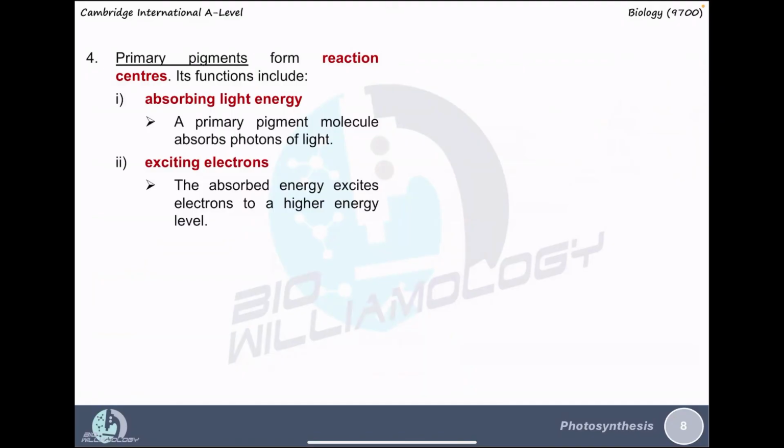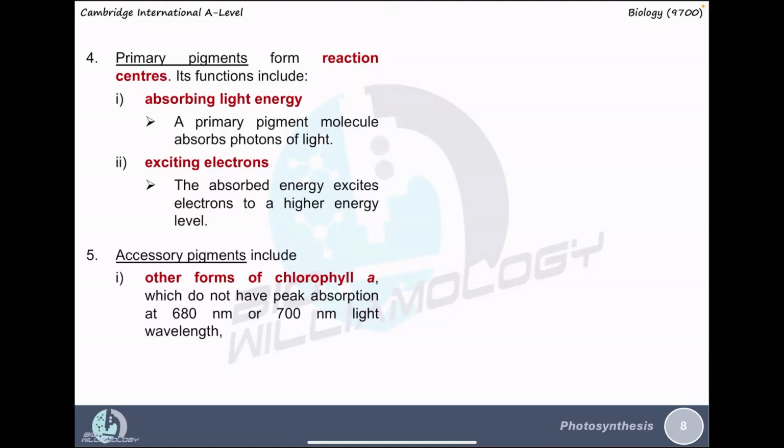Basically, the electrons absorb the energy, and when they get sufficient energy, these electrons are removed from the chlorophyll A molecule. How about accessory pigments? Accessory pigments include other forms of chlorophyll A which do not have peak absorption at 680 or 700 nanometer, as well as chlorophyll B and carotenoids, which include carotenes and xanthophyll.